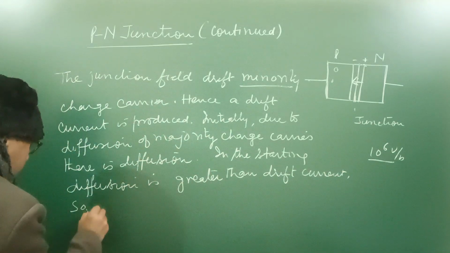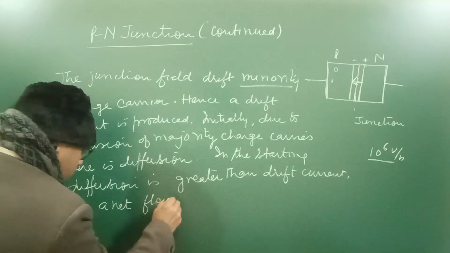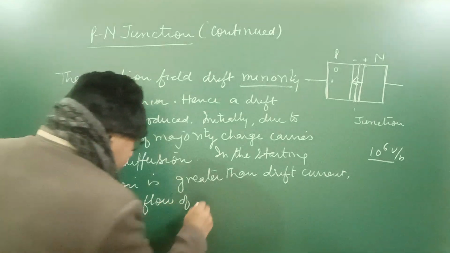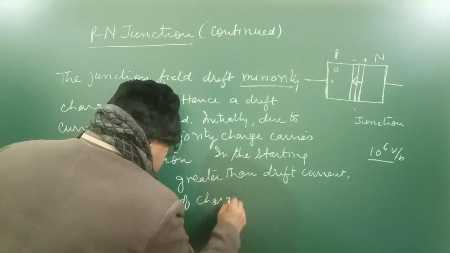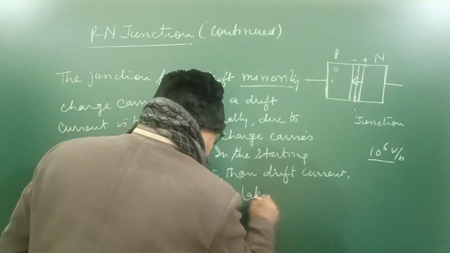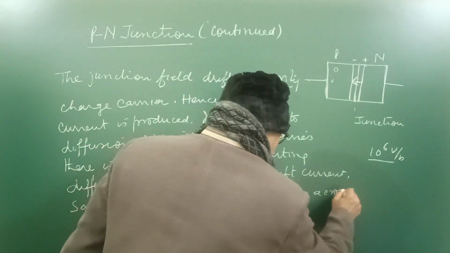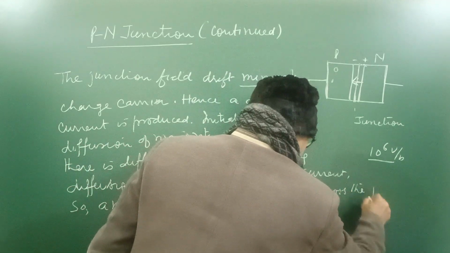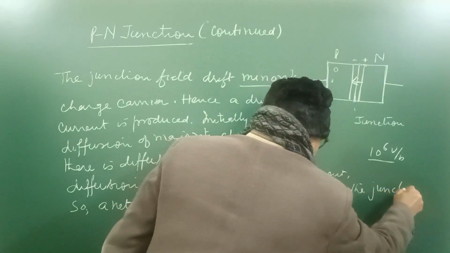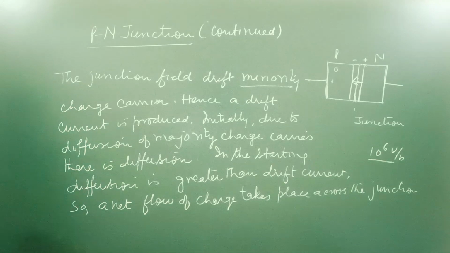So a net flow of charge takes place across the junction.